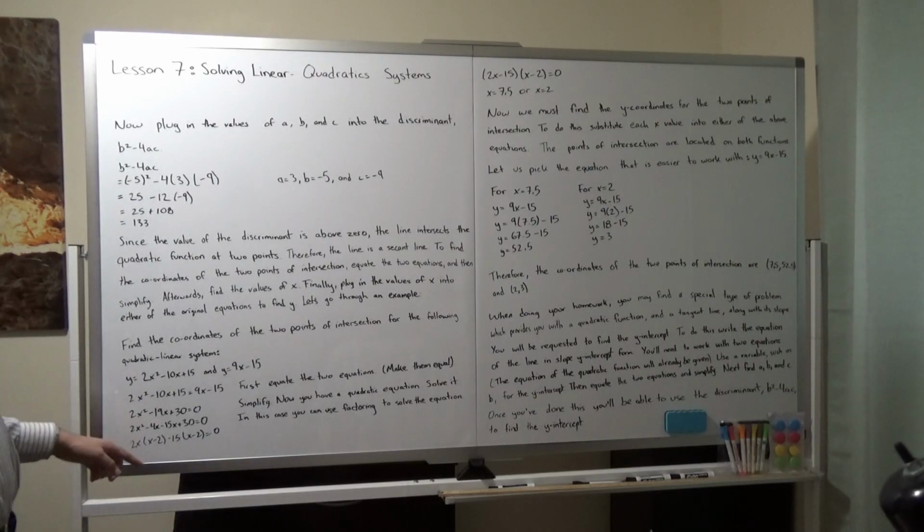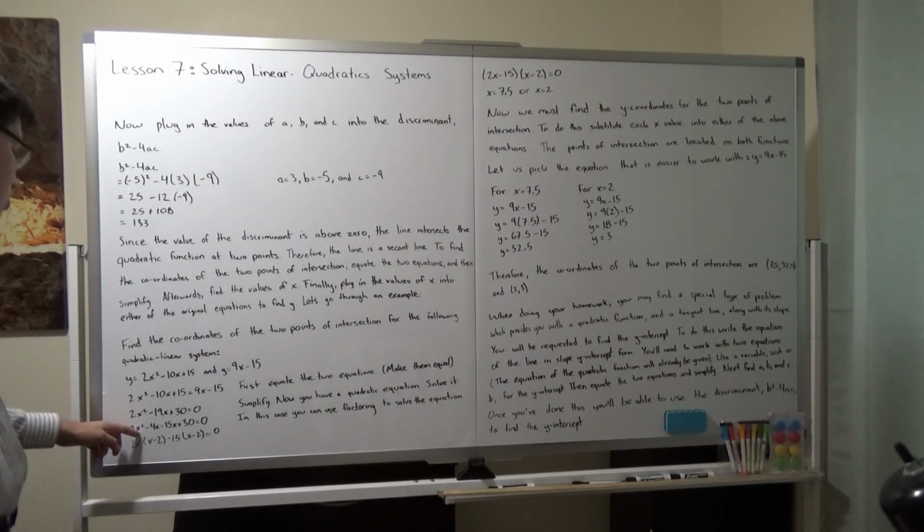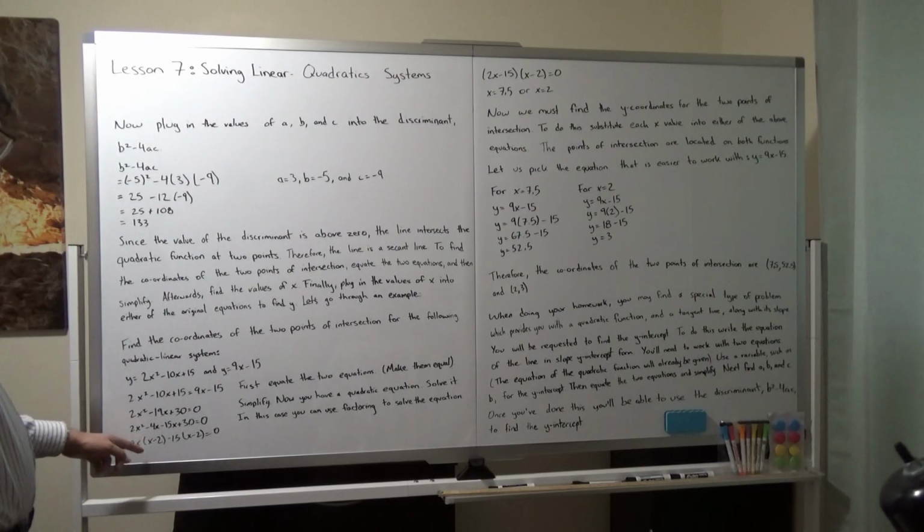We factor out 2x, and we factor out negative 15. In factoring out 2x, we get 2x times x is 2x squared, times x minus 2, because 2x times negative 2 is negative 4x.